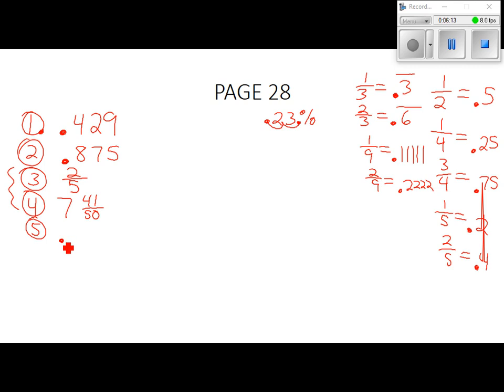Number 5. What did it say to start with? 37.5, so we bump it 2 places to the left. Did I say right a second ago? I meant to say left. You bump it 2 places to the left. So what's it come out to be? 0.375, number 6.